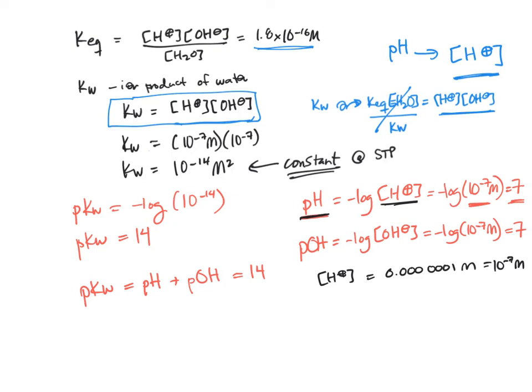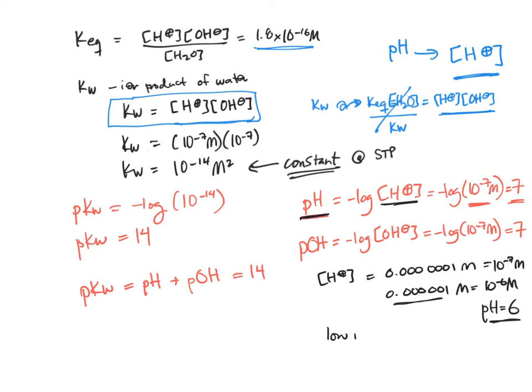Well, if we added more protons, if we increased the concentration to 0.000001 molar, that would be 10 to the minus 6 molar. If we took the negative log of that, we would get 6. So a smaller pH corresponds with a higher concentration of protons.